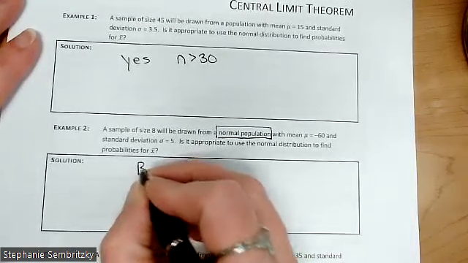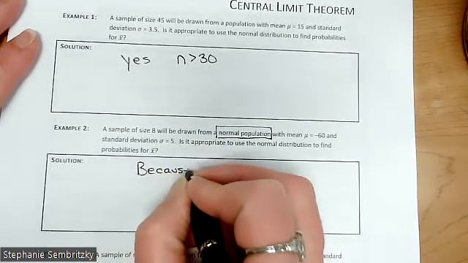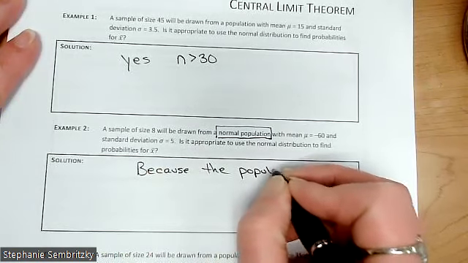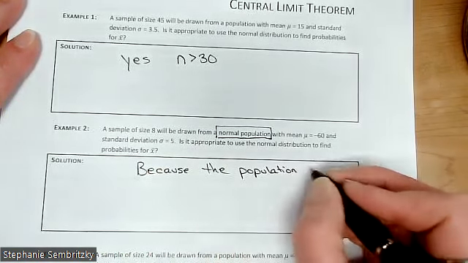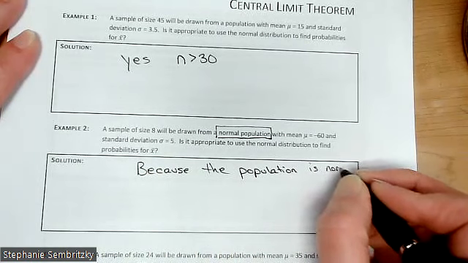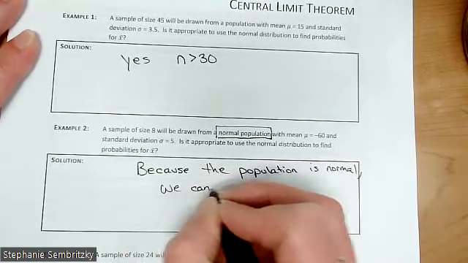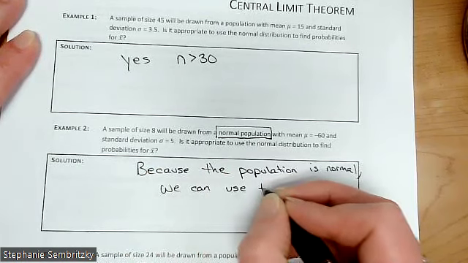So because the population is normal, if they tell us the population is normal, we can use the normal distribution.